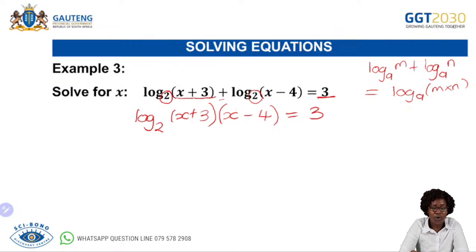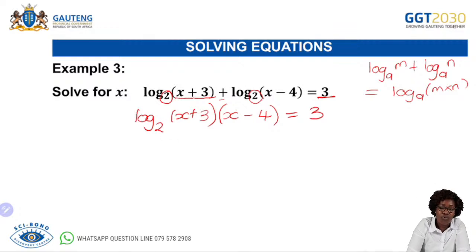Now, moving forward, I will notice that I cannot simplify this any further. So I am now going to change my log to an exponent. Remember, we said that we can change logs to exponents and exponents to logs for as long as it is going to assist us to get to our solution. So in my case here, I'm deciding now to move away from logs because I cannot continue.